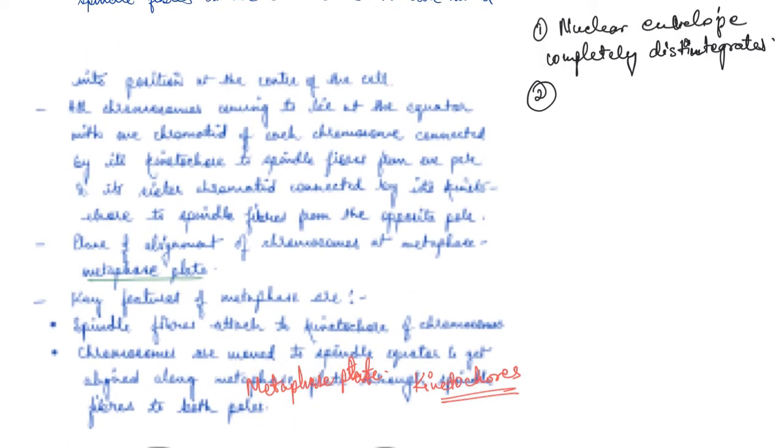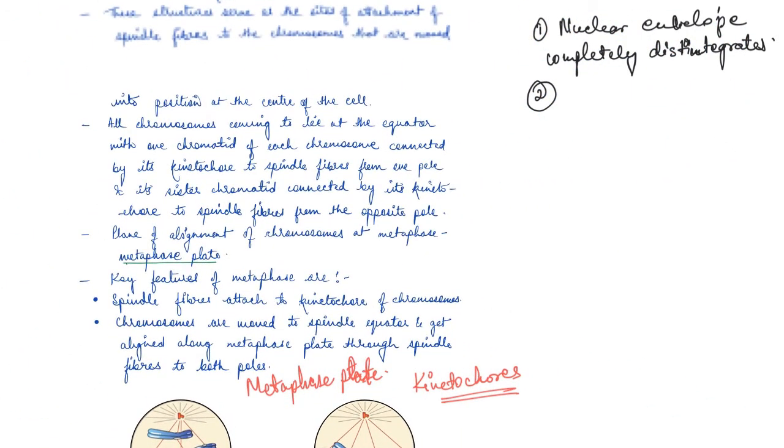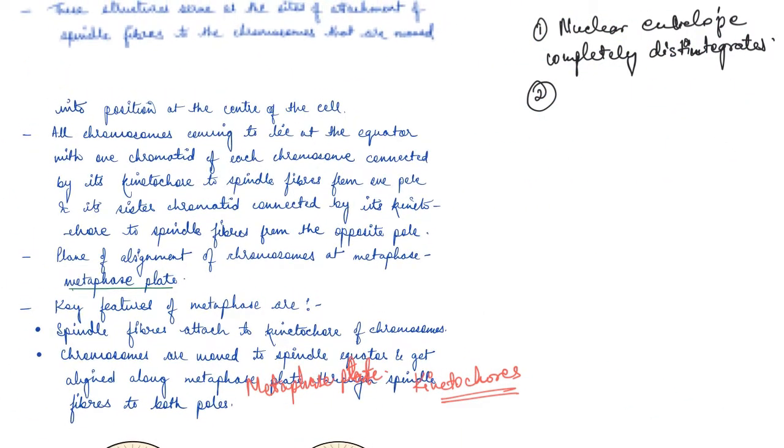One thing is that the spindle fiber attaches itself to the kinetochore of chromosomes, right? So basically the nuclear envelope completely disintegrates, and first the chromosomes are spread throughout the cytoplasm of the cell.